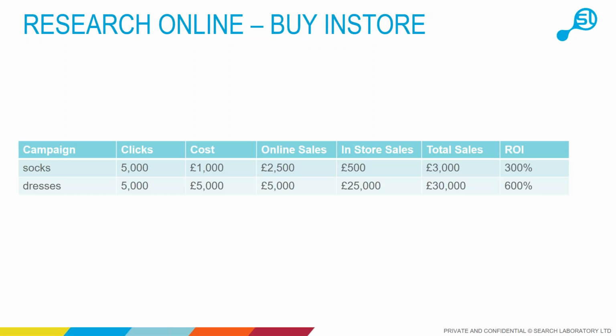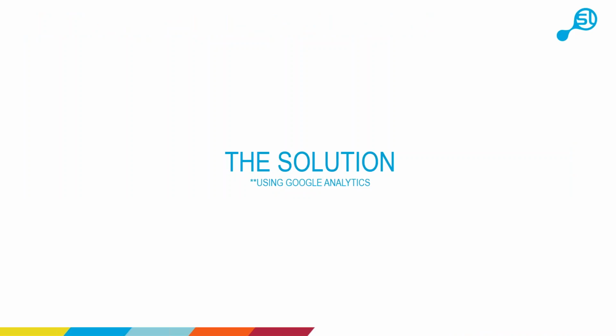And you might hypothesize here that people are happy to just buy socks without looking at them and trying them on. I've never tried socks on before I've bought them. But dresses is a bigger purchase, or people might want to go in and touch and feel them before they make that purchase.